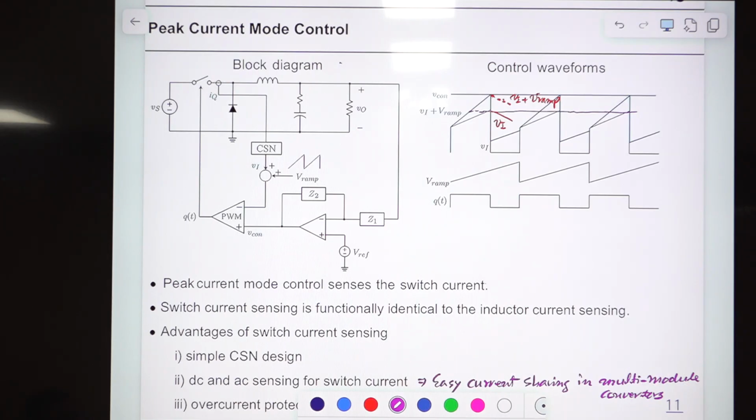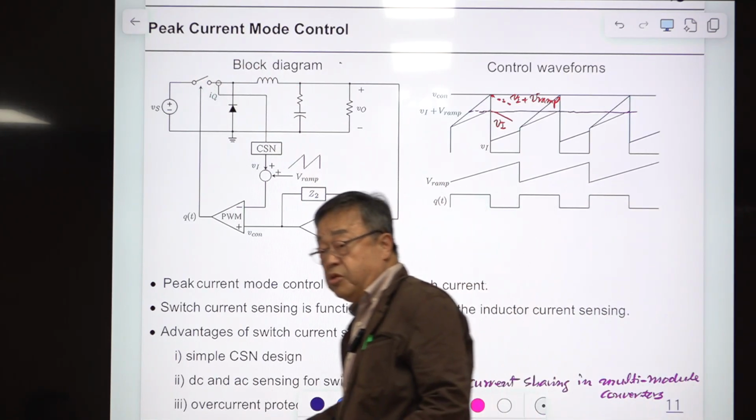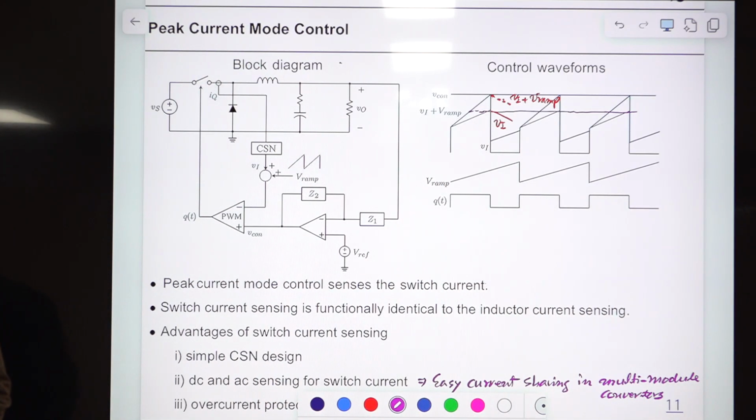That is not true. They think it uses the peak value of the inductor current to determine the duty ratio, which is not true. This is a strange name, but it is okay if you properly understand the operational principle.